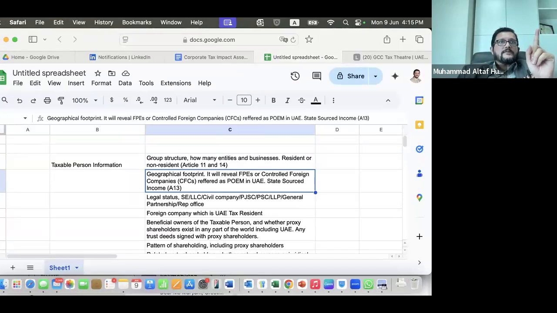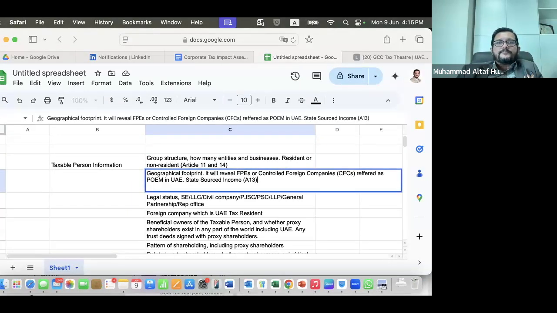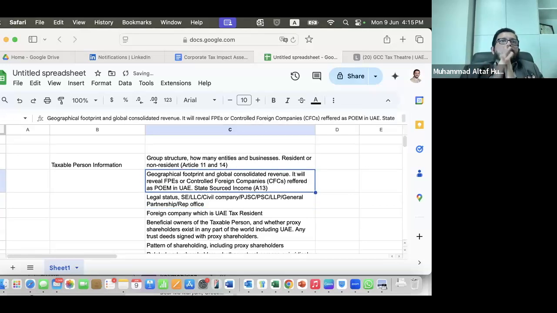From that we can identify, from the geographical footprint and global consolidated revenue, whether there is a chance that this is an MNE under BEPS Pillar 2. Am I right? So immediately we've addressed Article 3 at the outset.